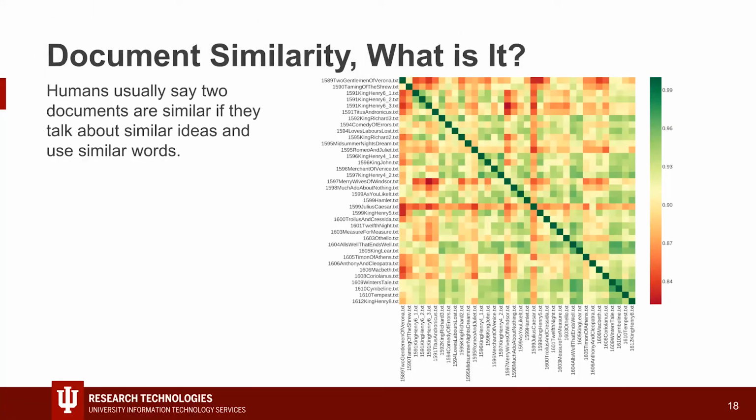Let's see, actually, let's look. Julius Caesar, where's Antony and Cleopatra? Okay, good. Phew. So yes, it should be the most similar.